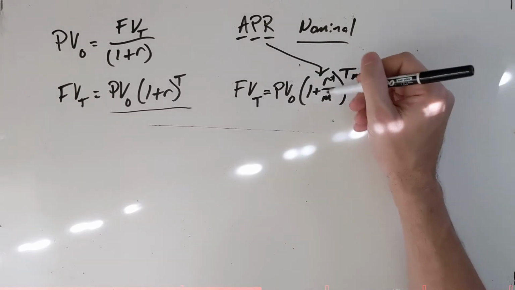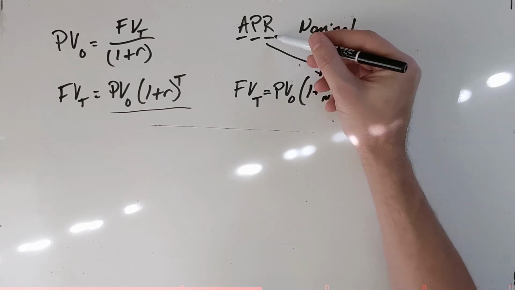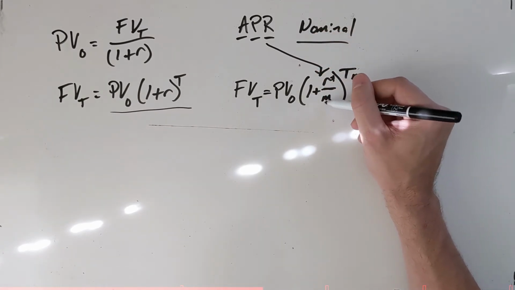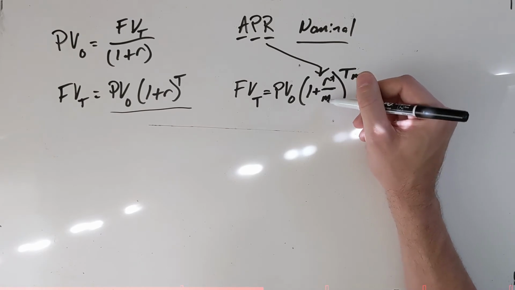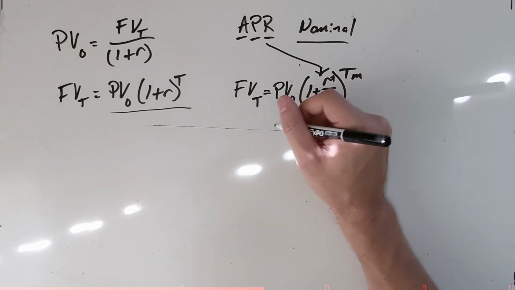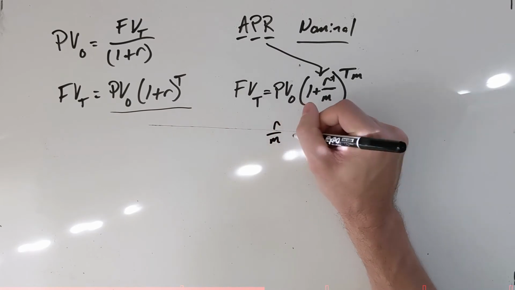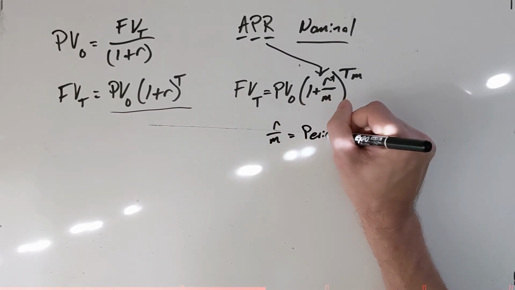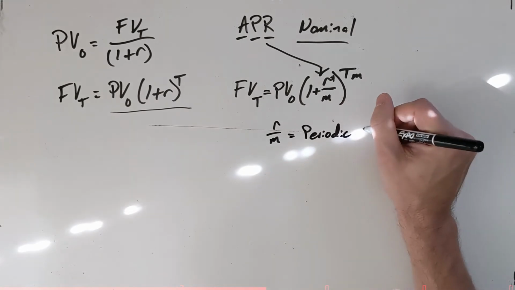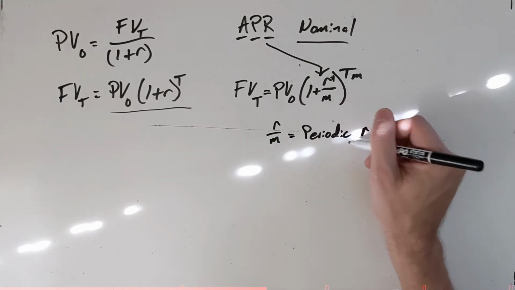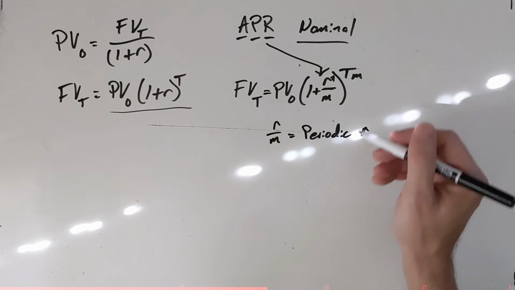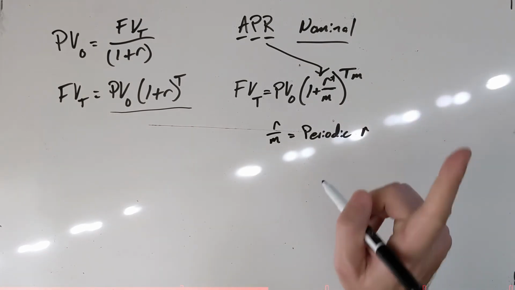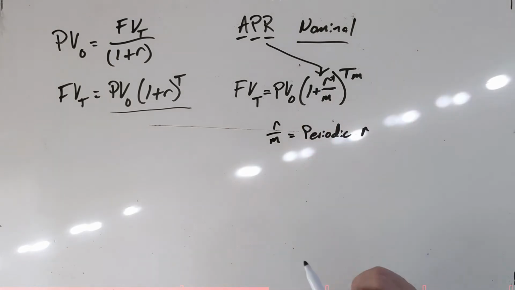What's going on in this formula is we are taking this APR and then we are breaking it into a number of chunks. And so another way to think of r divided by m is equal to what we would often call a periodic rate, periodic interest rate. Okay, it is the actual rate of return per true period in this problem.